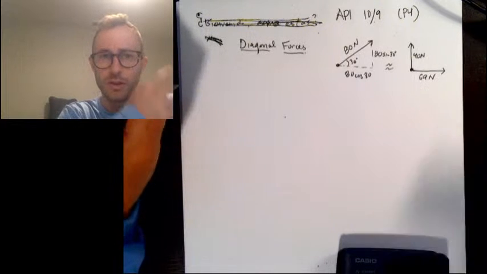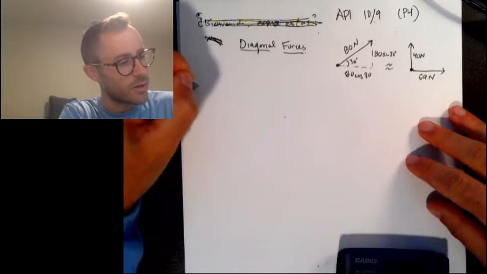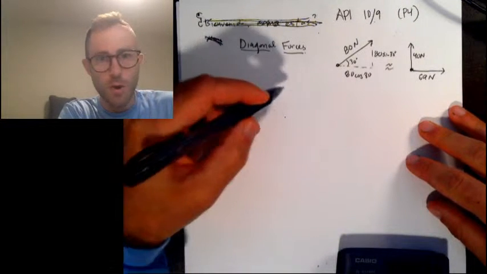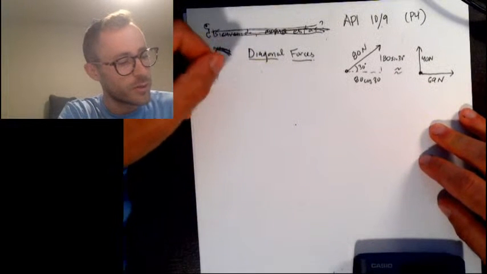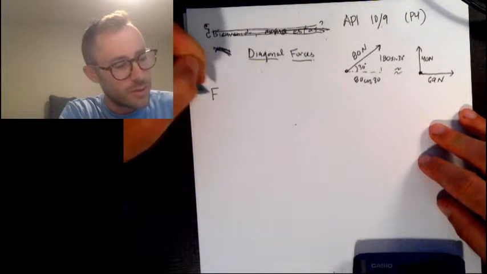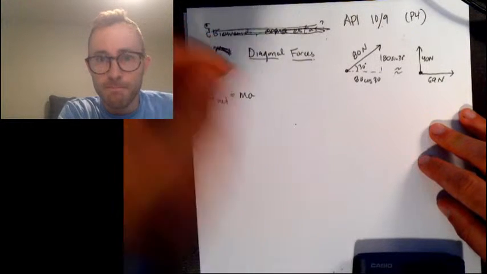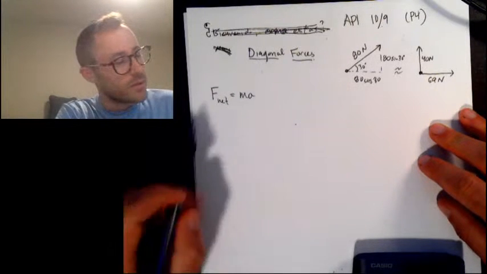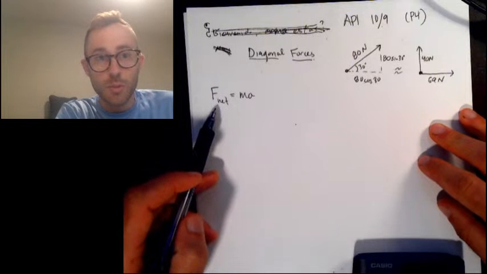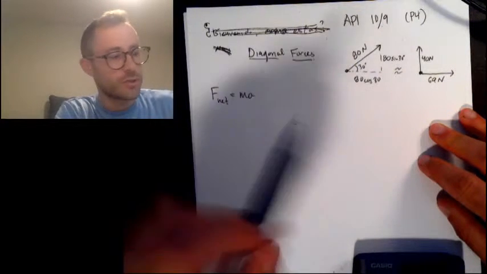So we're just going to do examples for the entire class period. Oh, by the way, the other thing I wanted to say is that Newton's second law, net force equals ma, works in both directions.